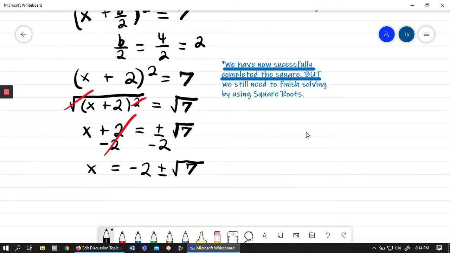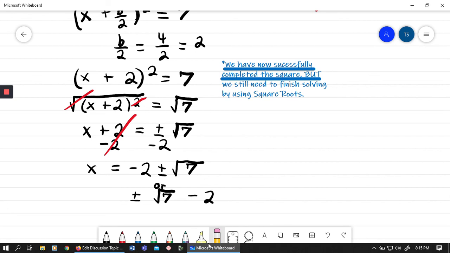The choice is up to you as far as which way you want to write this. We can write the plus or minus square root of 7 first, and then put the minus 2 separately, or we can put the minus 2 first, and then put that plus or minus square root of 7. It's up to you.